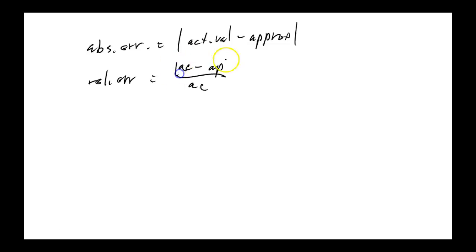So it's that over that, and then the percent relative error is to take that and multiply it by 100 and make it a percent, okay? So that's how they came up with those numbers.